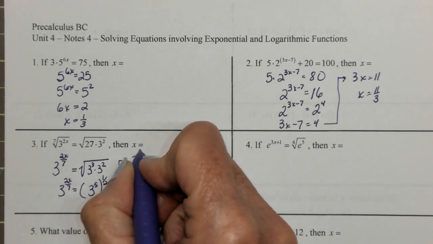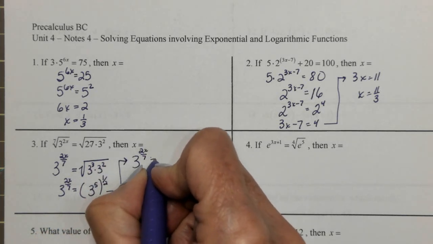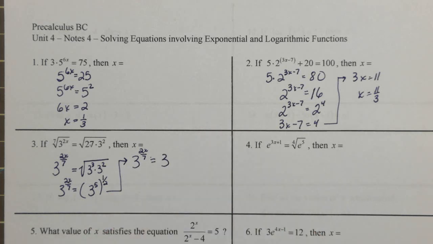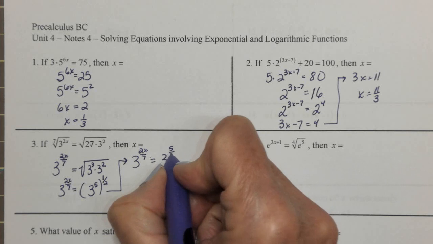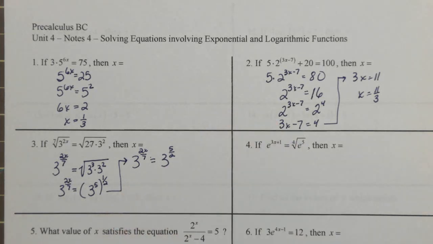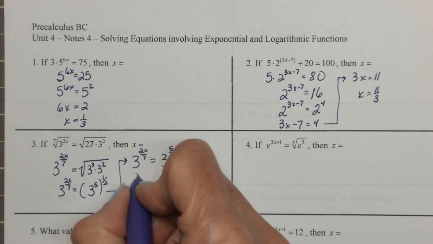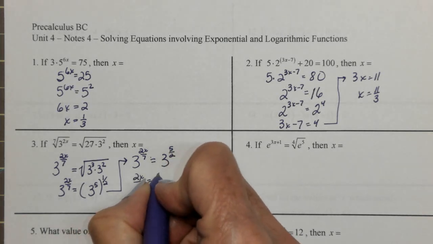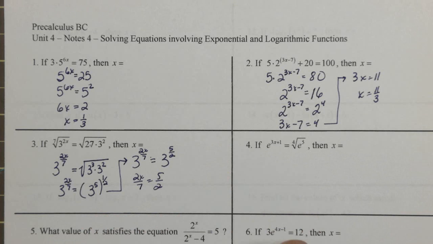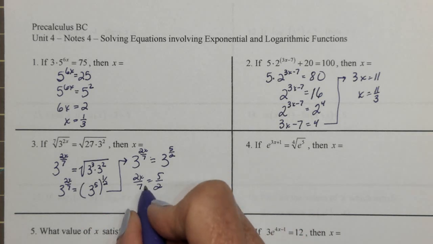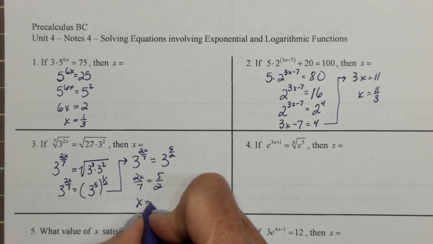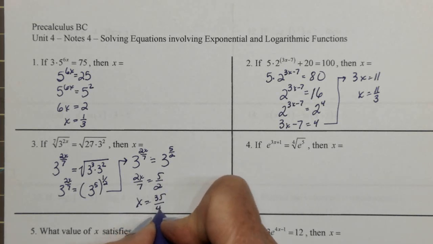So now I have 3 to the 2x over 7 is equal to 3 to the, and when we have a power to a power, we multiply those powers. And I have the same bases, so I can set the two powers equal and finish solving for x. I'm going to multiply both sides by 7 over 2, and I'll get 35 over 4.